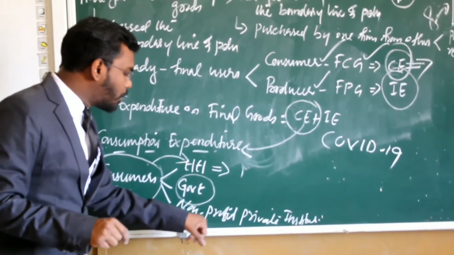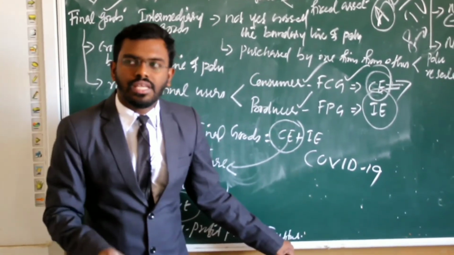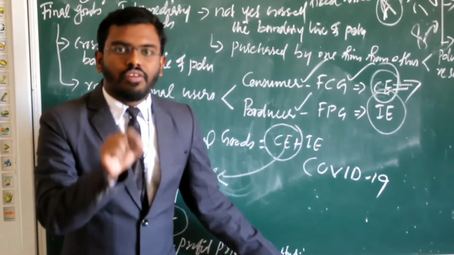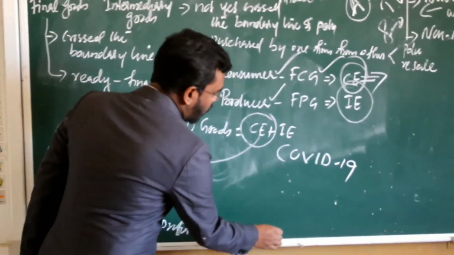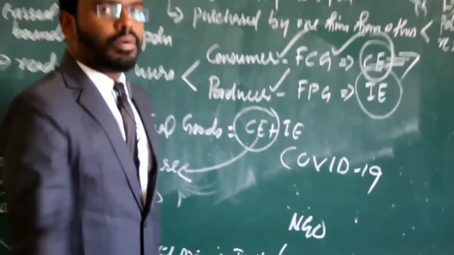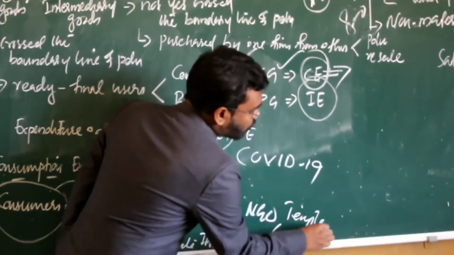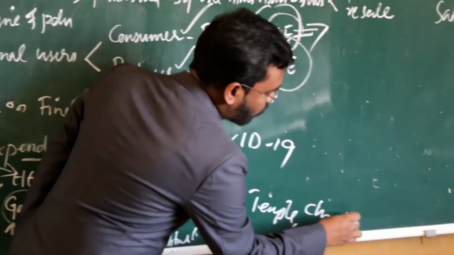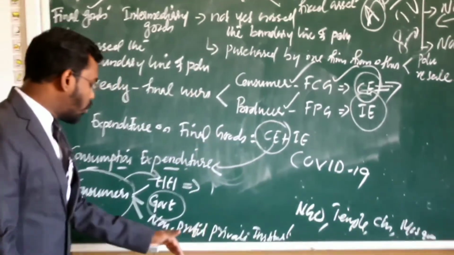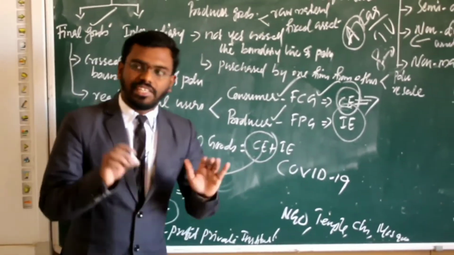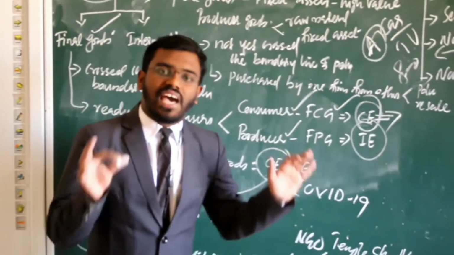Next one, non-profit private institution. A non-profit private institution means a private institution which is running for charity purpose. For example, an NGO, non-government organization, a temple, a church, a mosque, etc. These are examples of non-profit private institutions, and they demand these final goods for charity purpose.